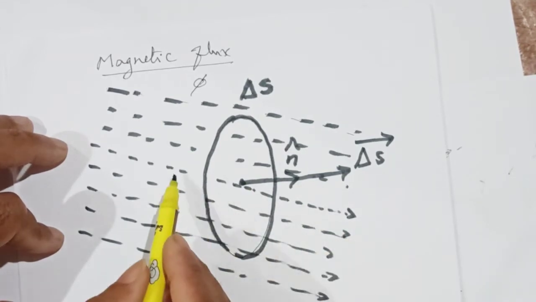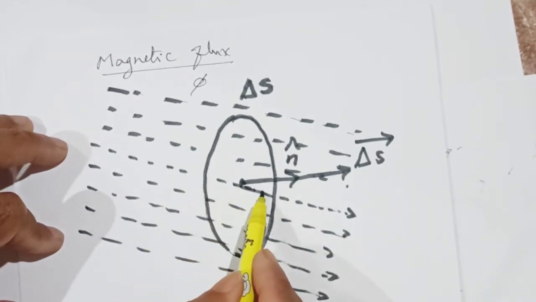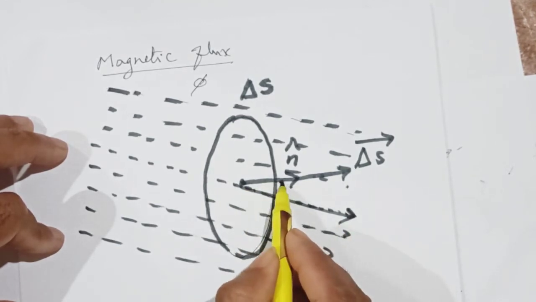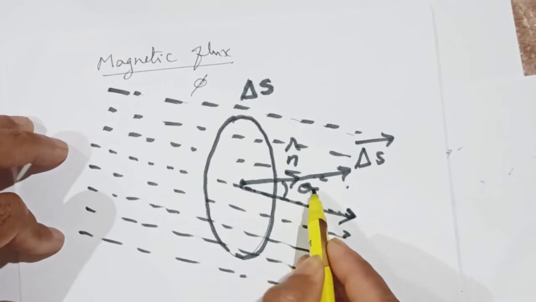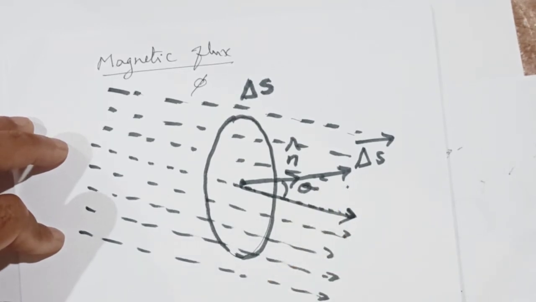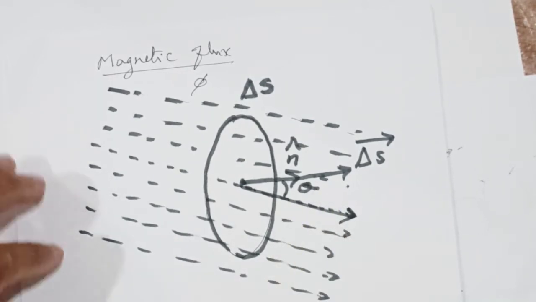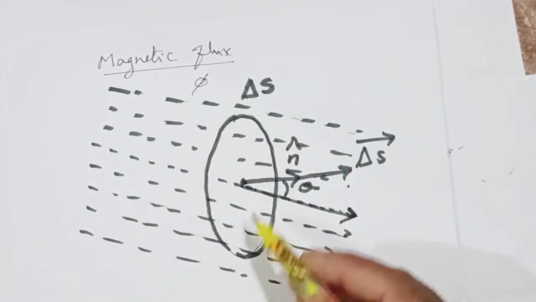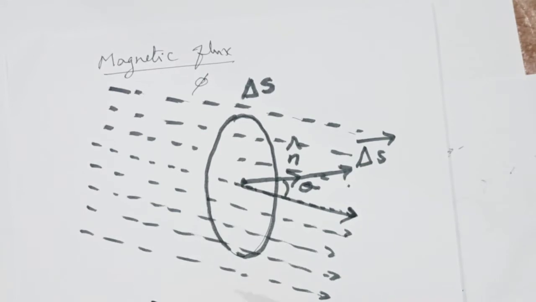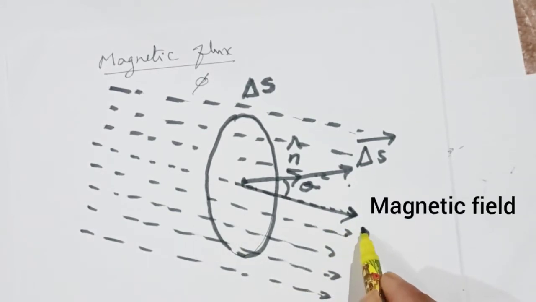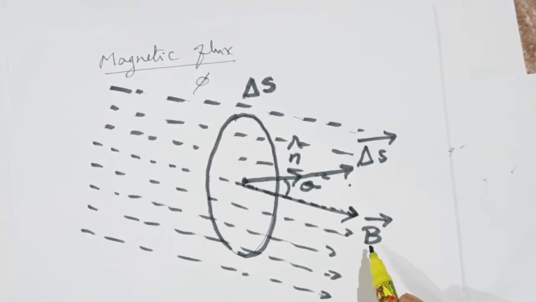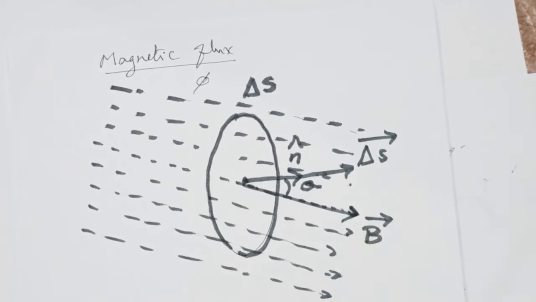Let me draw like this, and in between there is an angle theta. This is the angle theta. So these are the magnetic field lines. All together we call it magnetic flux density, or simply magnetic field. It is a vector quantity.